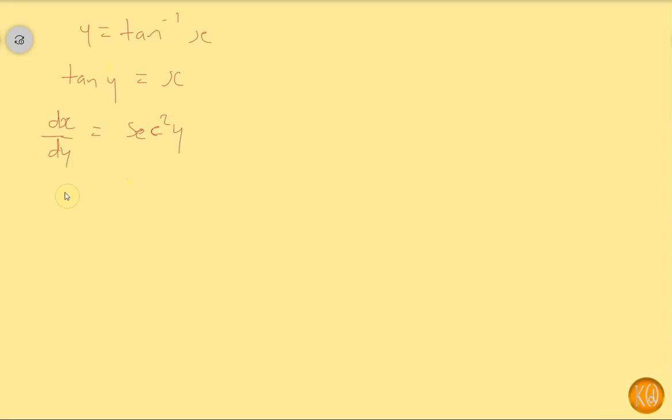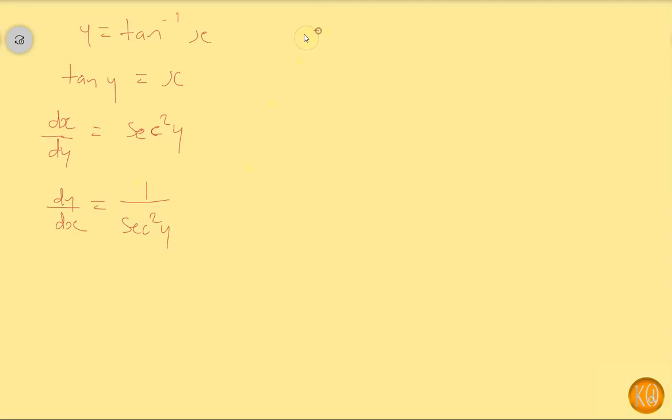Now dy dx would just be the reciprocal of that, which is 1 upon sec squared y. Good. And what we can do is let me see, the identity that corresponds to this problem, I haven't looked at that as yet either, but I can write it here.